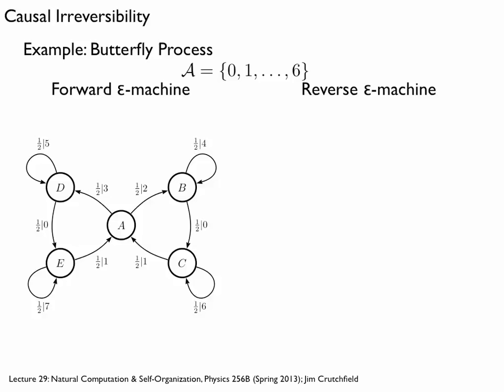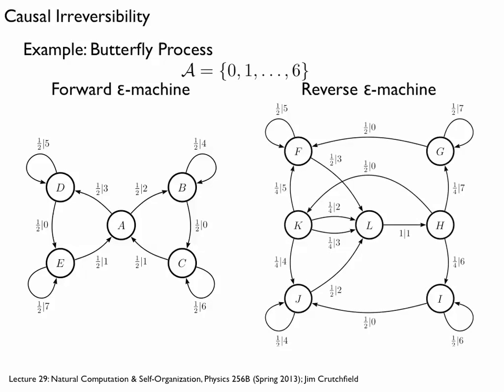Okay, so what's the reverse machine look like? Again, completely different. Is it really different? It's really different. So there you go. That's why having some computational tools helps with this sort of thing.